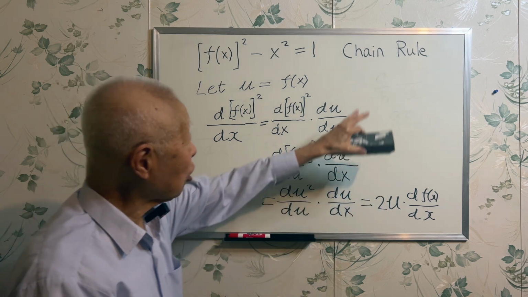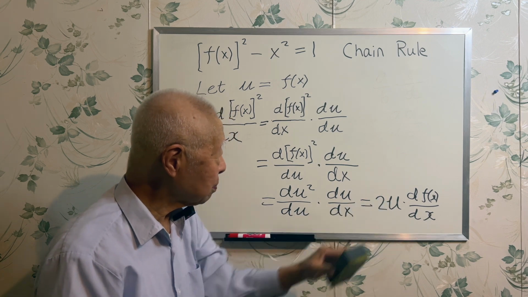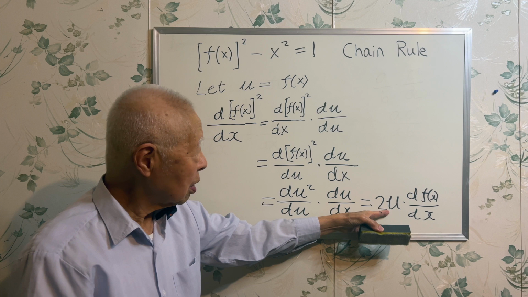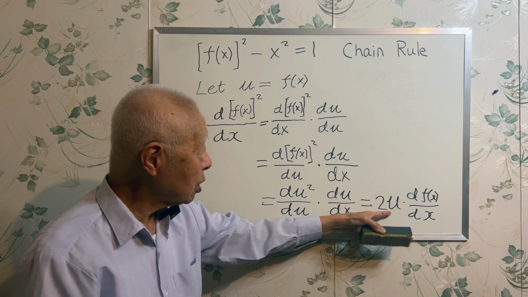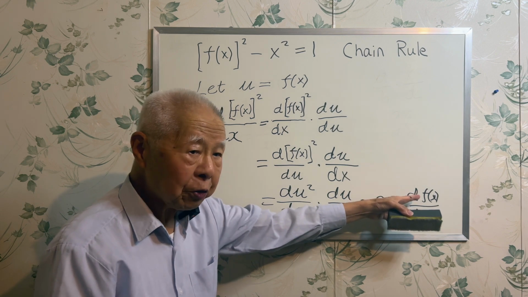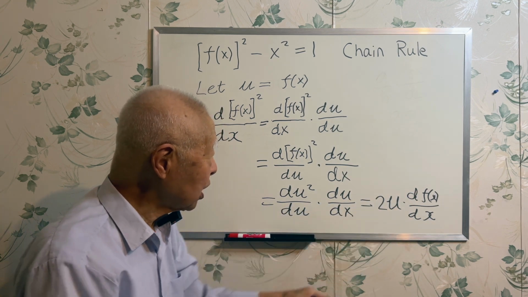Let me use this corner to continue this part. U is f of x. Therefore, it's 2 times f of x times the derivative of f of x. So I can write this.